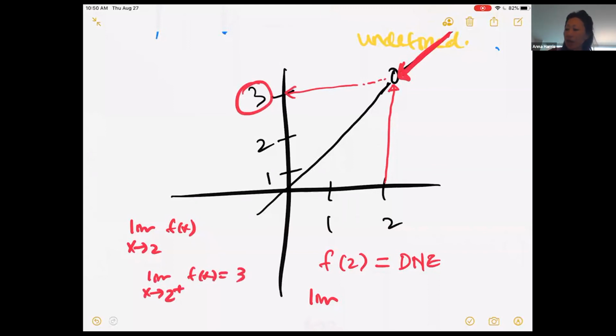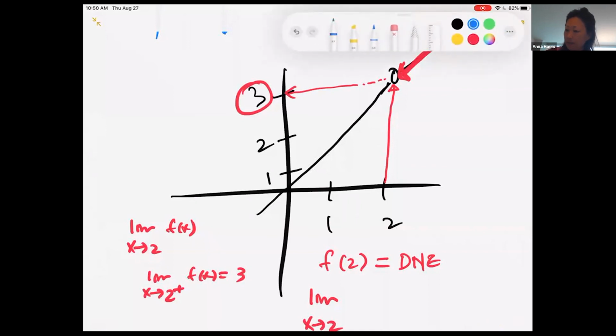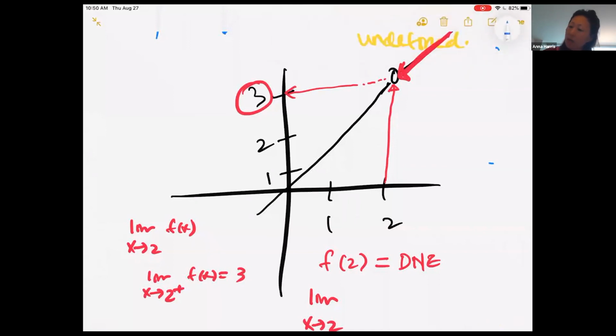Now let's look from the other end. Then I'm going to look at the limit from the left-hand side. Where does the y value approach to? Still 3, isn't it?